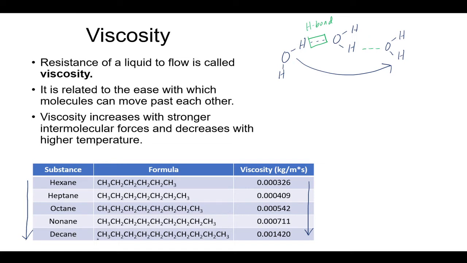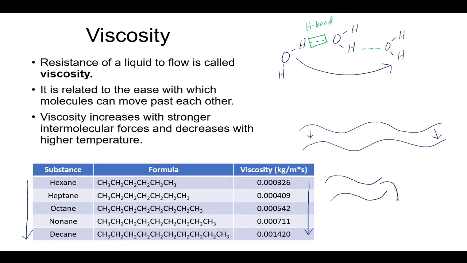Well, just think about it from a size argument. This decane is this big, long, kind of floppy molecule that is going to be hard to move past another decane molecule that is this big, long, floppy molecule, right? As this tries to get past this other molecule, it bumps into it, and there are dispersion forces that sort of keep them at bay and keep them from moving past one another. Now, hexane is a little more than half as big, right?